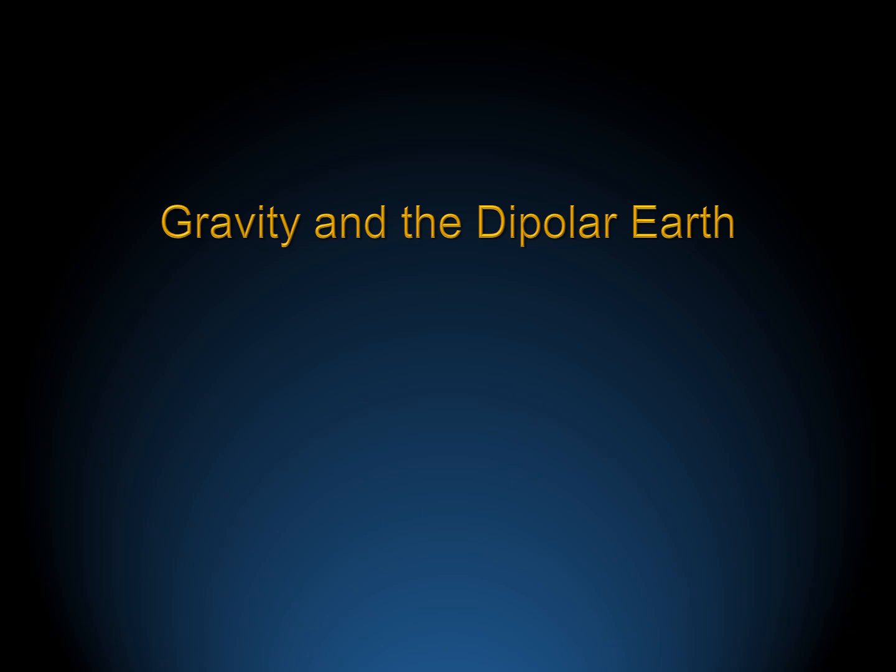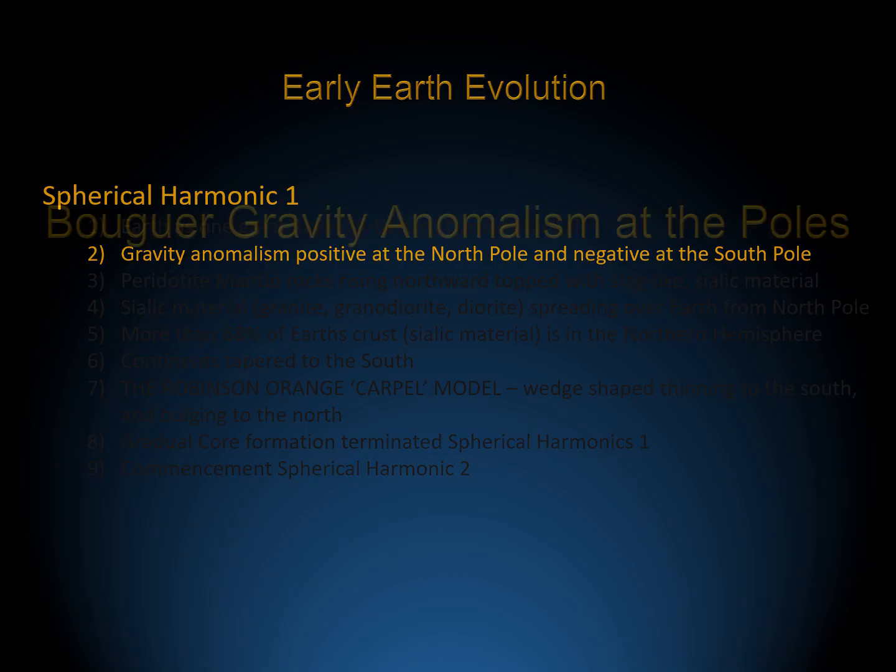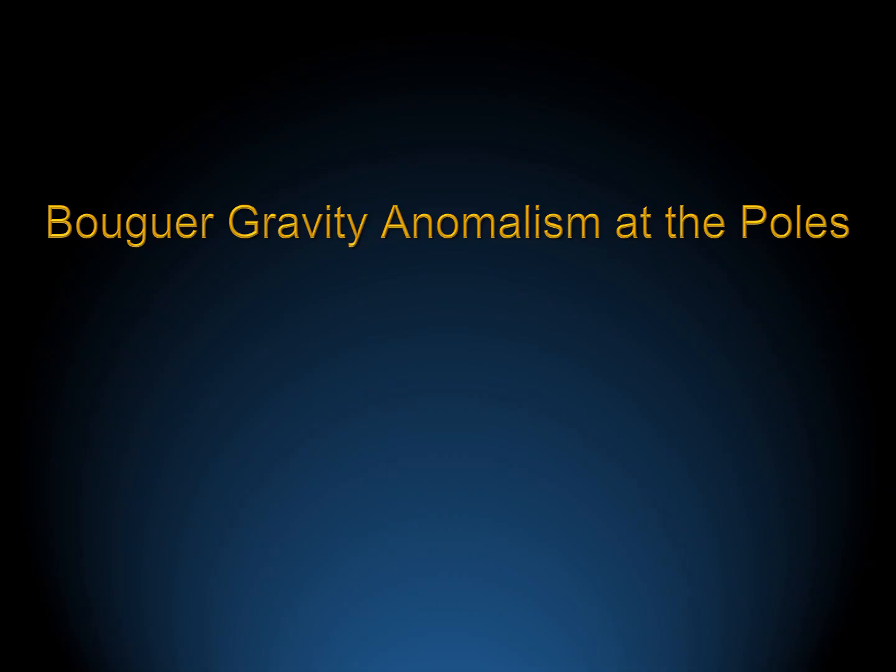Gravity and the dipolar Earth. Number 2. Gravity anomalism, positive at the North Pole and negative at the South Pole. Bouguer gravity anomalism at the poles.